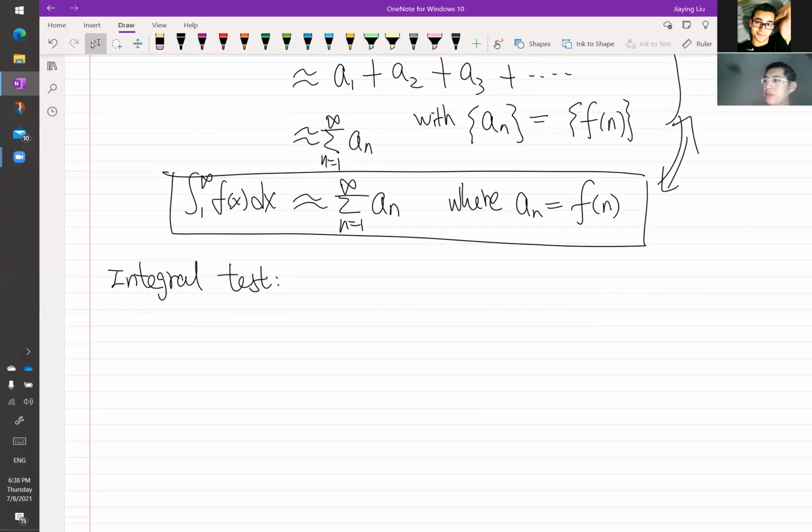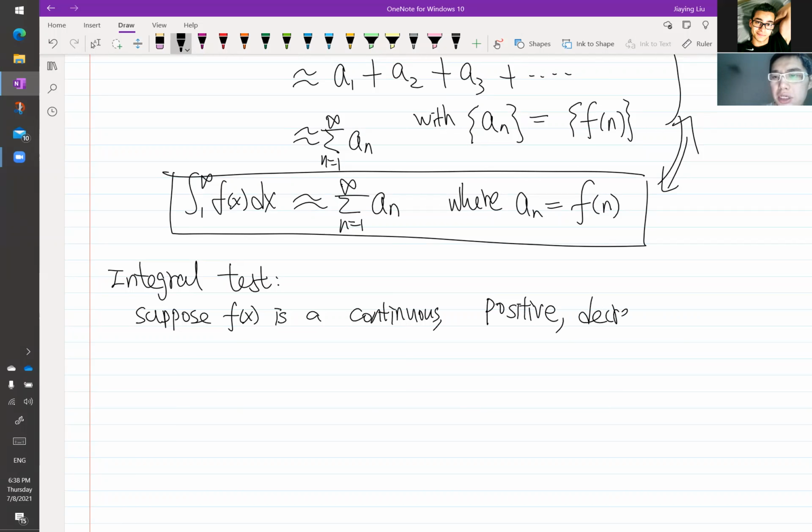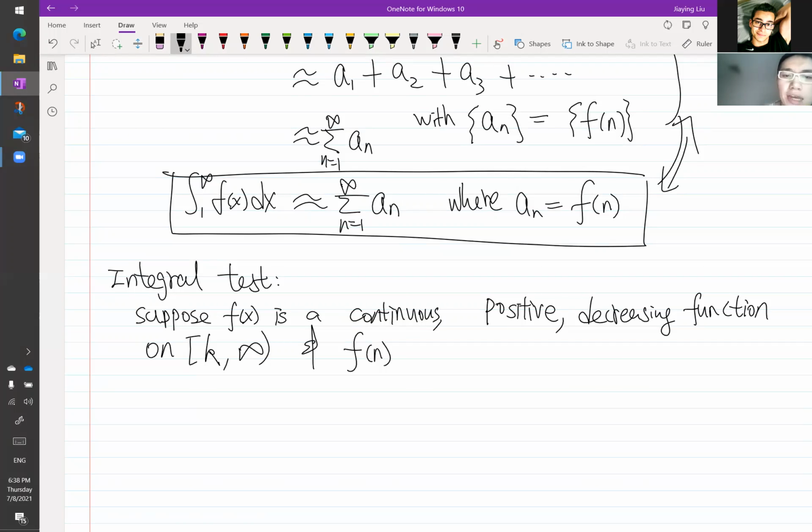So the integral test says, suppose f of x is a continuous, positive, decreasing function on the interval from some k to infinity, and f of n for each integer n in that interval is equal to an.